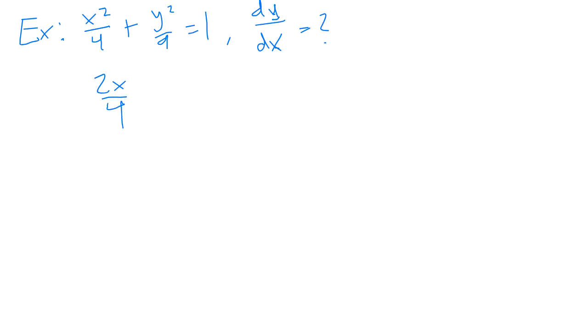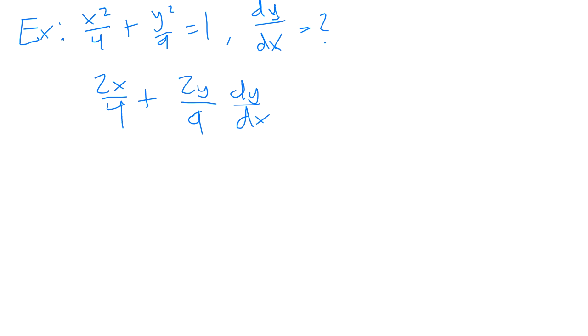Now we have our y squared over 9. This doesn't mean that we can't derive this just because there's no x term. Instead, we can still derive this term to where we have 2y over 9. But we have to make sure to multiply it times dy over dx.